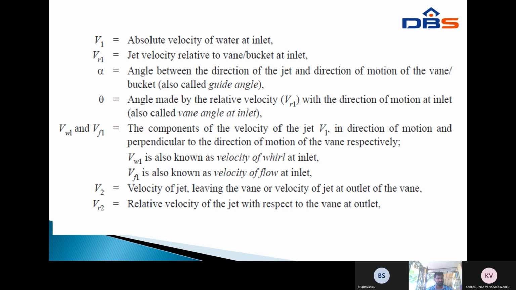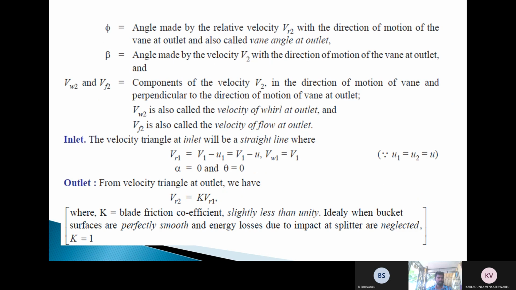Okay, V2, VR2, VF2, VW2, these are the outlet triangle. And phi and beta are the outlet angles. Phi means the angle made by the relative velocity VR2 with the direction of motion of the vane at outlet, and it is also called the vane angle at outlet.